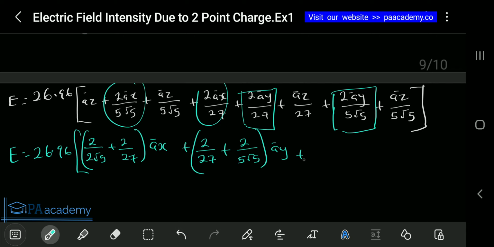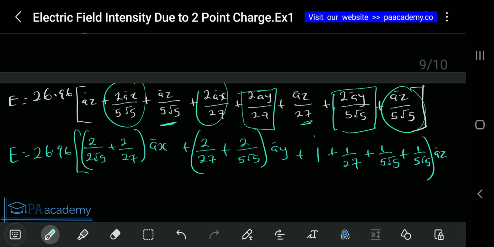We are going to have 1, which is for this one here, plus 1 over 27, which is for this, plus 1 over 5 root 5, which is for this, plus 1 over 5 root 5, for this, all in bracket, AZ. So let me bring back the square brackets.